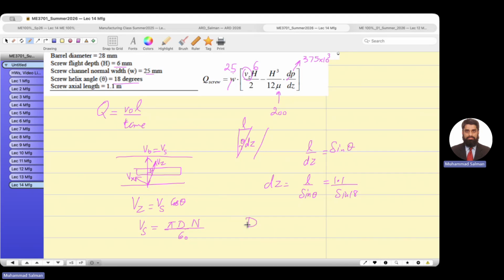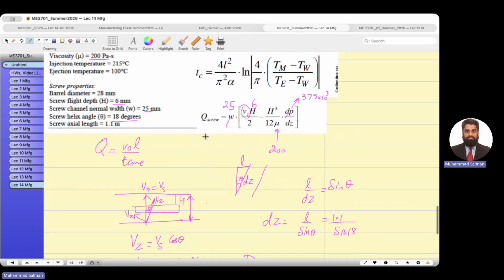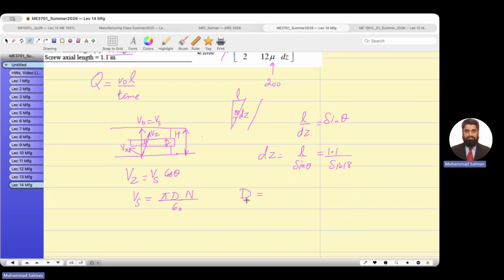What is the diameter of the screw? You will subtract the height. If the diameter of the barrel is given, the barrel diameter is 28. Can you find out the screw diameter? You just subtract h 2 times. So let me write down the screw.